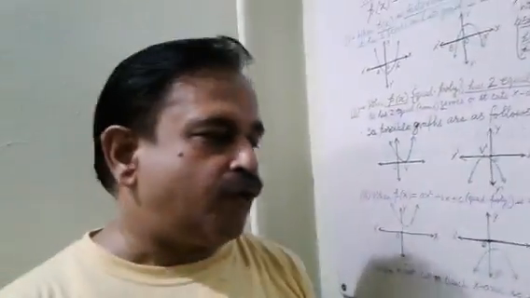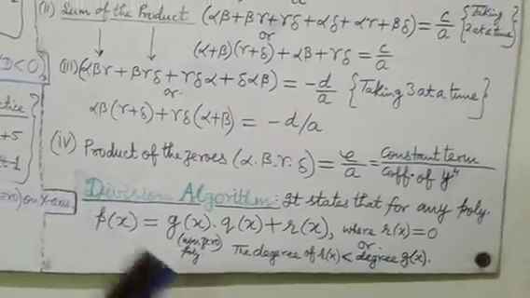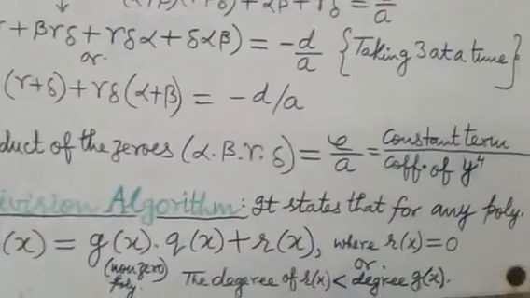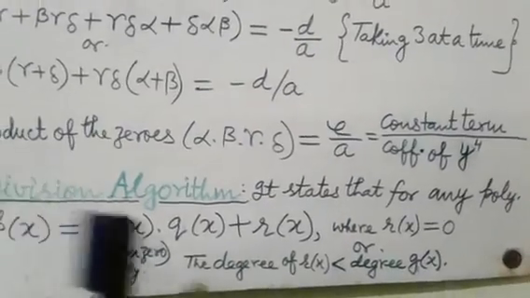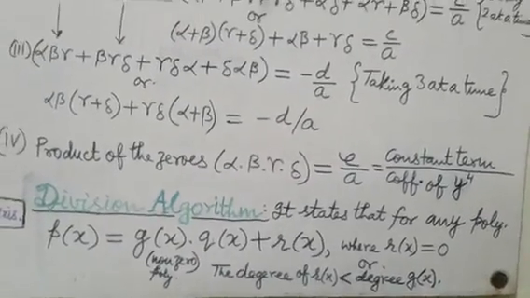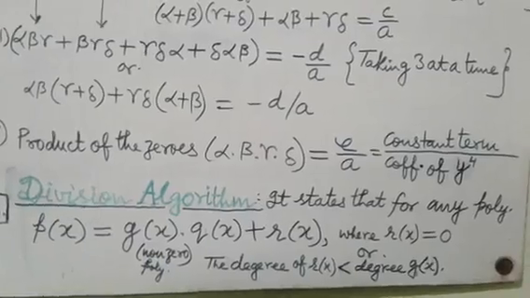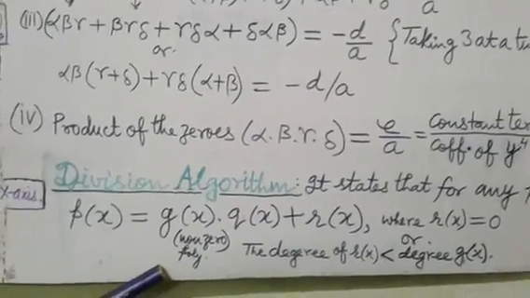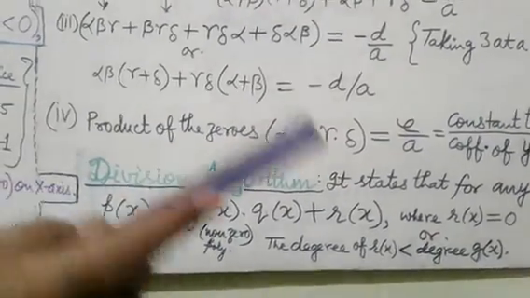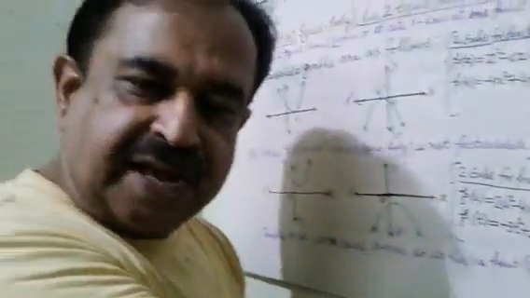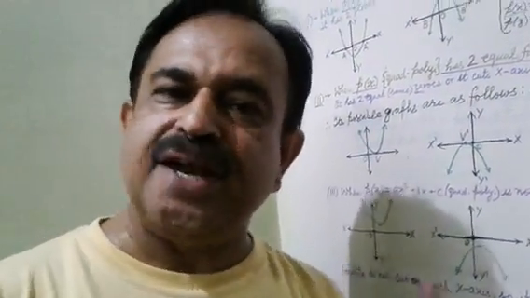It states that for any polynomial p(x) and a non-zero polynomial g(x), there exist two other polynomials q(x) and r(x) such that p(x) is equal to g(x) into q(x) plus r(x), where r(x) is equal to 0 or the degree of r(x) is always smaller than the degree of g(x). Here g(x) is the divisor polynomial, p(x) is the dividend polynomial, q(x) is the quotient polynomial, and r(x) is the remainder polynomial. All are algebraic expressions in terms of variables and numeric terms.